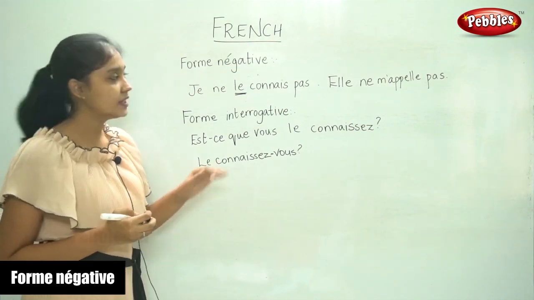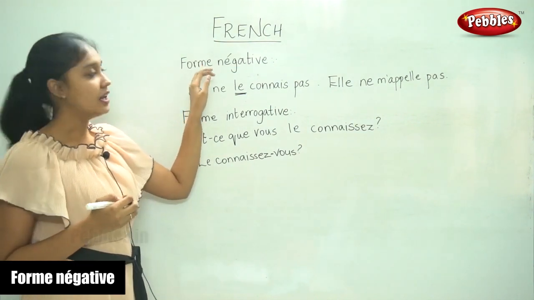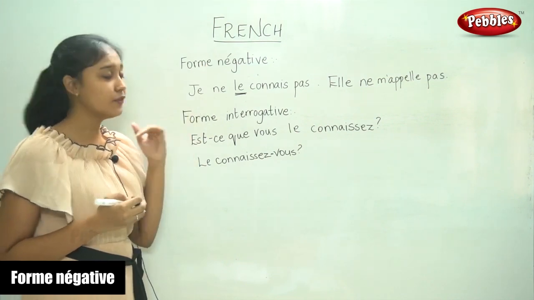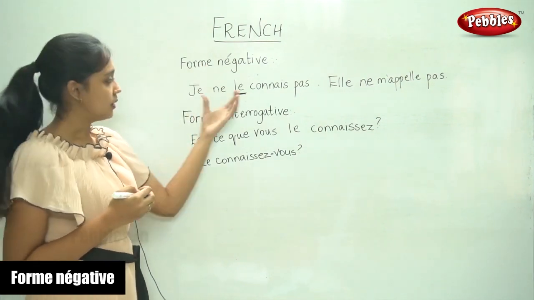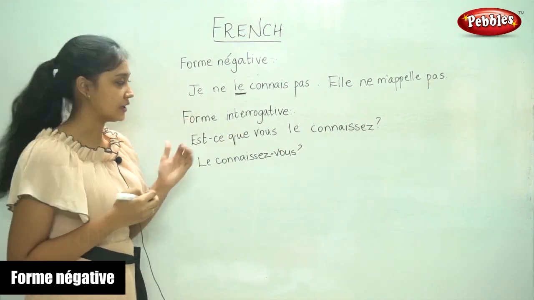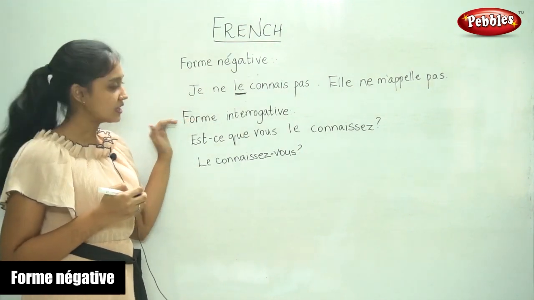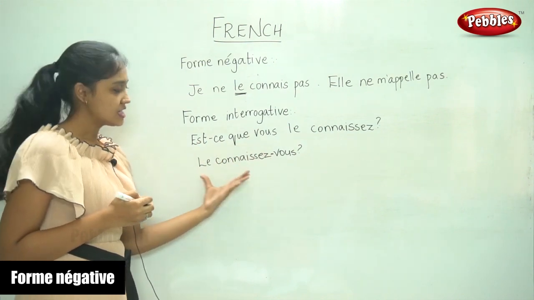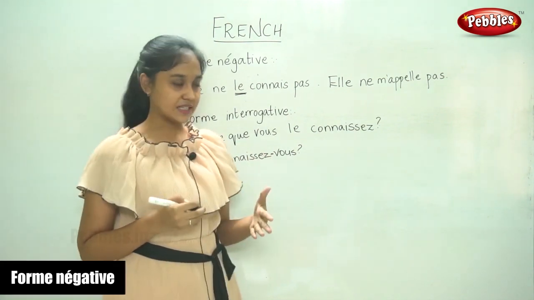So what did we learn here? We learned how to write la forme négative, the negative form of that particular concept, and la forme interrogative. So in the forme interrogative it was simple, just like how we write any other question.